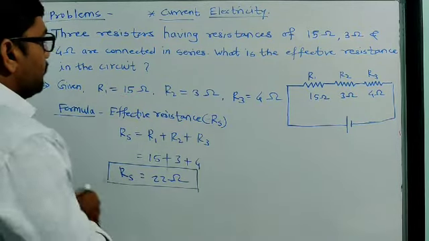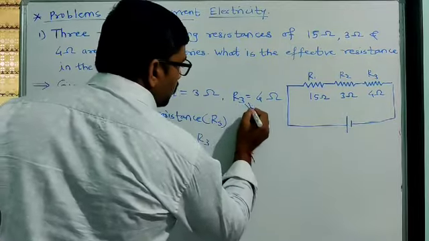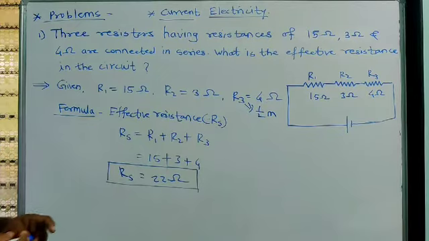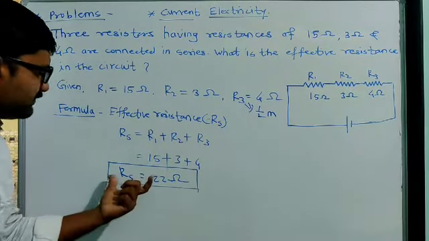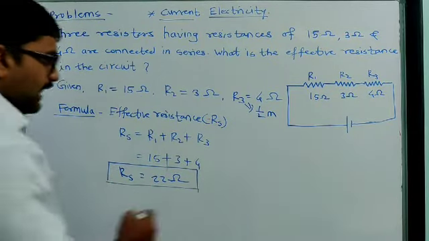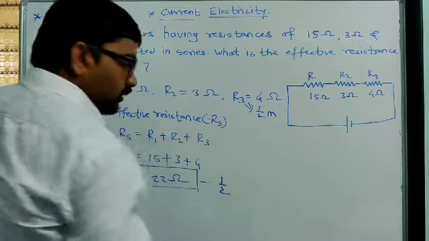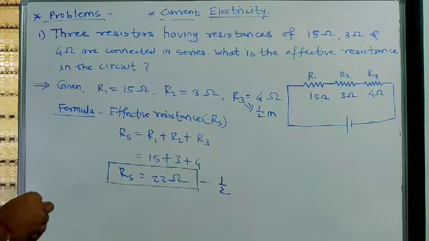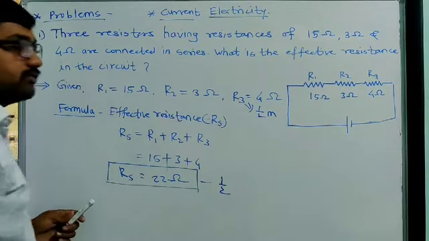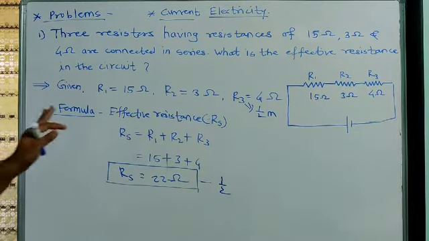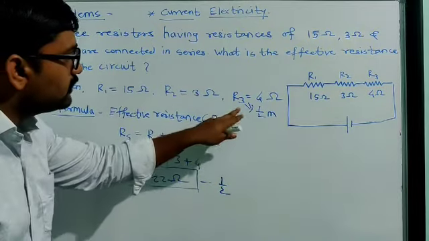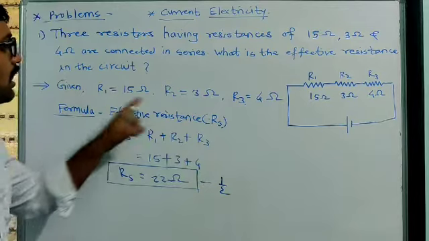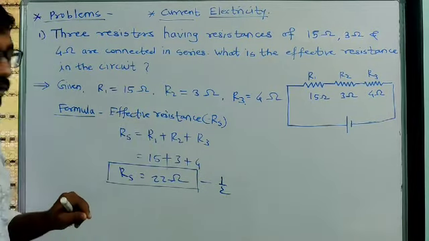Each step carries 1/2 mark. Always remember that your final answer is not the only thing that matters, it carries 1/2 mark. Each step carries marks, so you have to write these steps when you are solving a problem. In the given, we write R1 is 15 ohm, R2 is 3 ohm and R3 is 4 ohm.